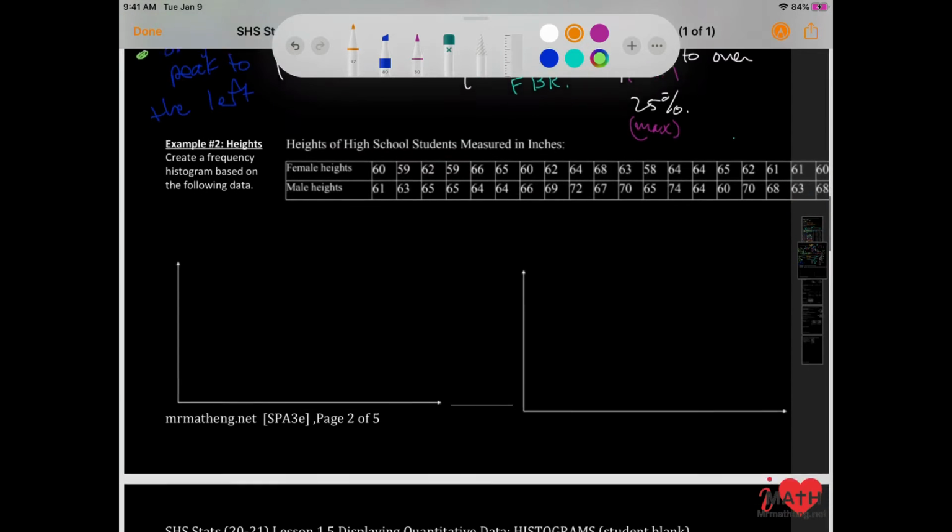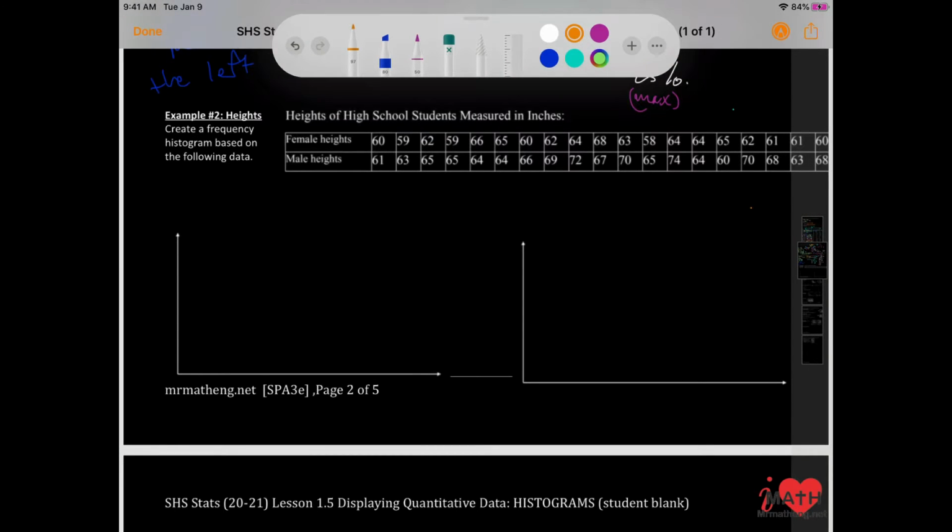And so on one side you will have female height in inches, and over here you will have male heights in inches. And let's create a frequency one, so you just have to count, okay?